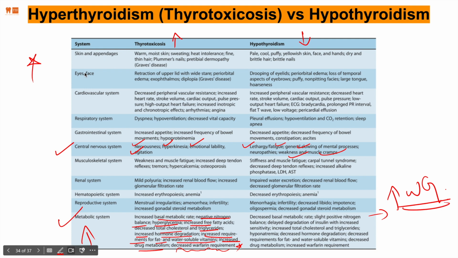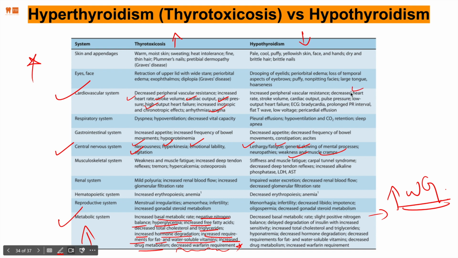And then let's take a look at the cardiovascular system. In hyperthyroidism, there's increase in heart rate, increase in stroke volume, increase in cardiac output, pulse pressure increases, high output heart failure, increased inotropic and chronotropic effects, arrhythmia, angina, so on and so forth. Or the exact opposite for hypothyroidism.